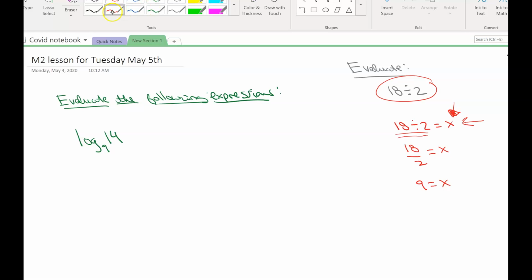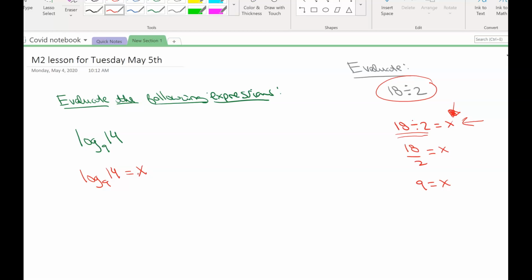So when we're given this expression, log base 9 of 14, and we're told to evaluate it, let's turn this expression into an equation where the thing we're solving for, x, is already isolated.